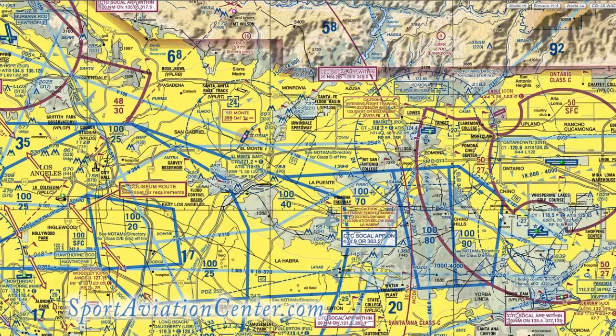Or for that matter, we could have come straight over the top of our Class Charlie airspace, staying above 5,000 feet, below 8,000 feet here, or straight across, staying above 5,000 feet, coming over the top of this airspace, and then dropping down to below 2,700 and coming in this way.